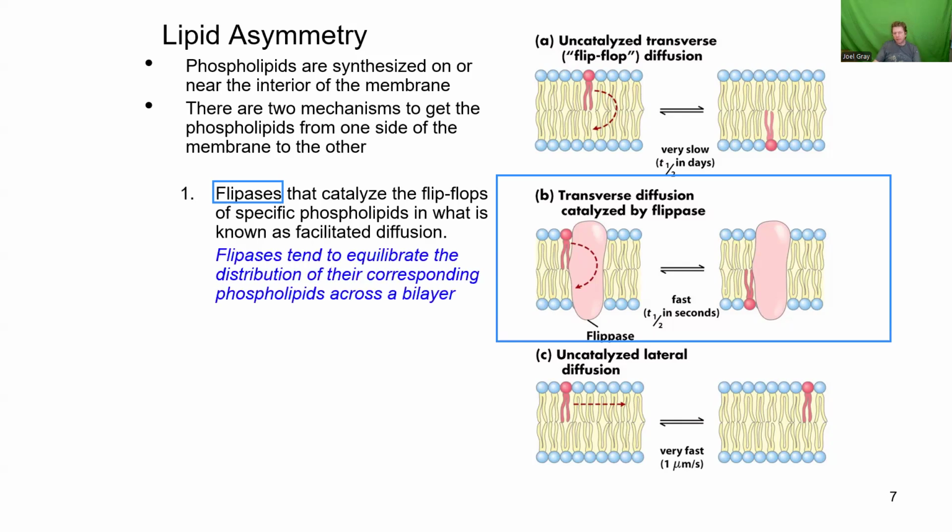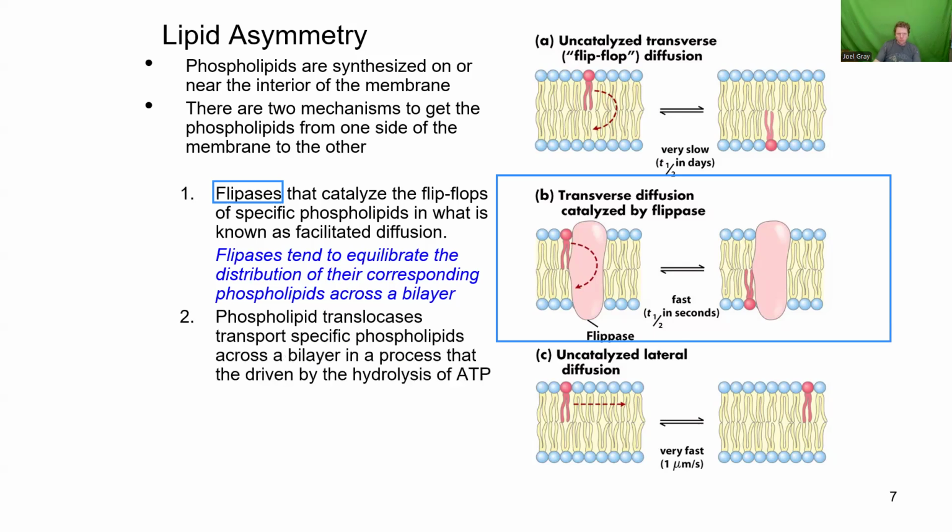Now, flipases, typically what they're going to do is help the membrane reach an equilibrium in terms of the distribution of the different components. And this equilibrium is not an equal number. It's not to say, oh, if there's 25 phosphatidylserines on the inner leaflet, then we've got to get 25 on the outer. Instead, there's going to be a ratio, and that's going to be dependent on the conditions.